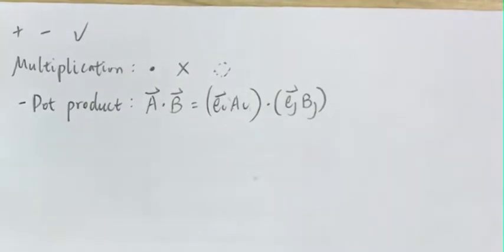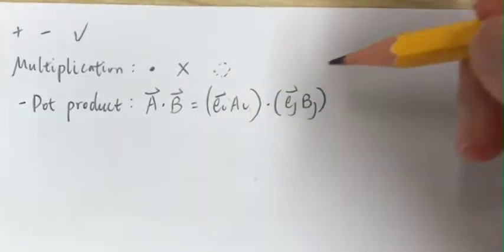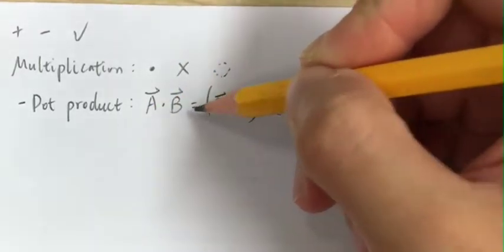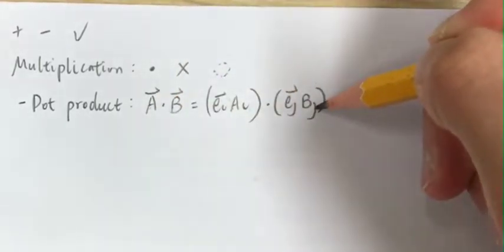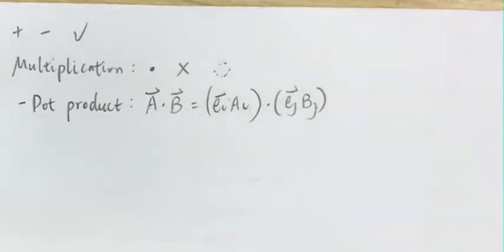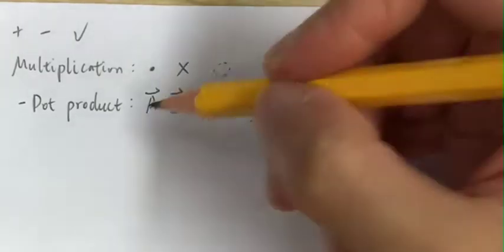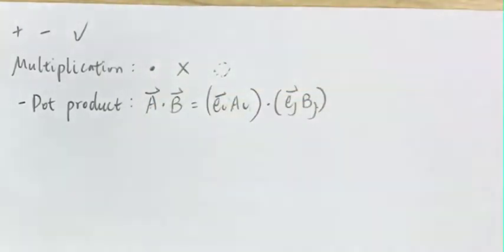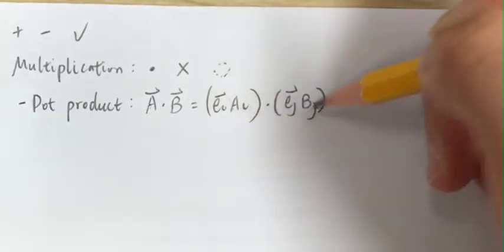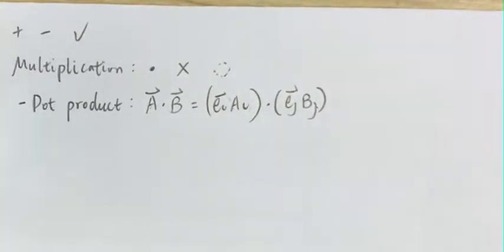Also, we see that I used different indices for the vector A and the vector B, I and J. Why did I do that? Because A and B, those two vectors, are independent, right? So I should not create a dependence by using the same index. So I use different indices.